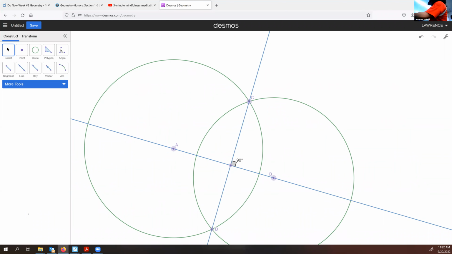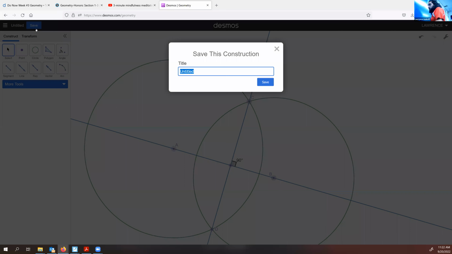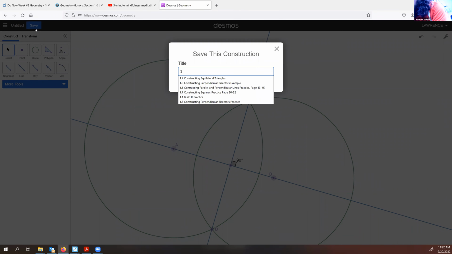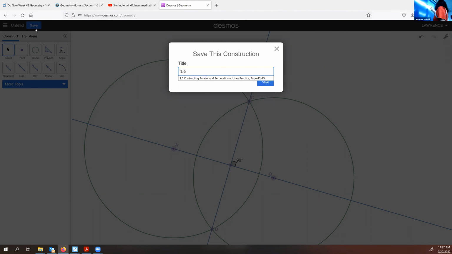I do want to save this. So I'm going to save this as 1.6. This was just the perpendicular line. So I'm just going to change the title to say perpendicular lines. So sorry about that, adding a little bit of time to this video.